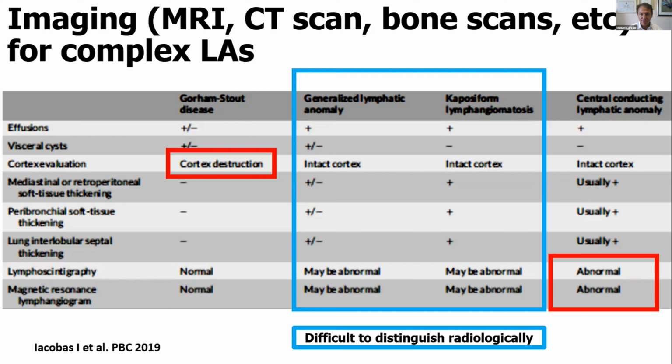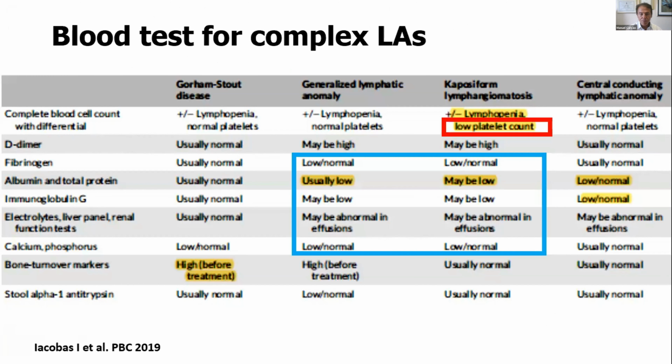In central conducting lymphatic anomaly, the main problems are in those central lymphatics. And you can see that by doing an MRI, lymphangiogram, or other ways of imaging. But when it comes to GLA and KLA, it's not easy to distinguish these radiologically. We do blood tests as well.